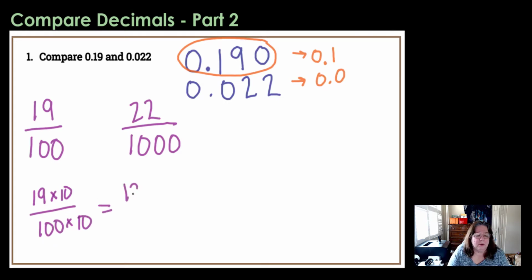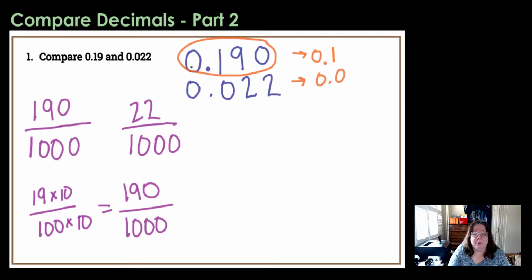That's going to equal 190 over 1,000. Well, that's basically the same as adding a 0 here and adding a 0 here. I just didn't show you what I was doing. But these are equivalent fractions. So here we can see that 190 thousandths is bigger than 22 thousandths.